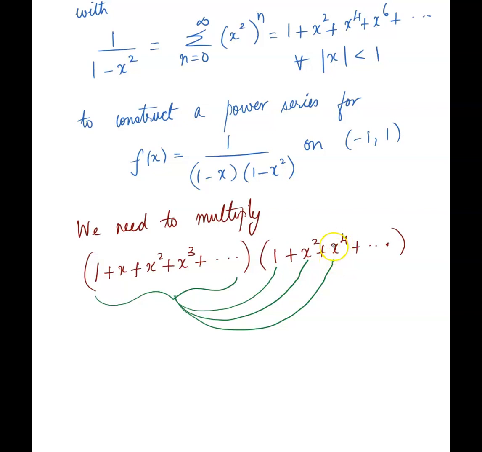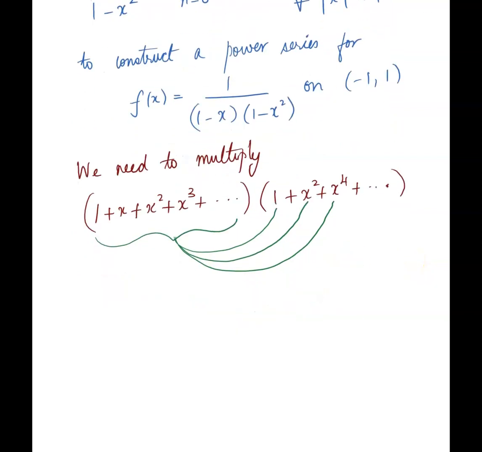Then the third arch would be this x power 4 that is being multiplied to this whole thing. So that's going to give us x power 4 plus x power 5 plus x power 6 plus x power 7, and so on. Okay? So that is our understanding. It's going to be tedious if I wrote them all out. Okay. Nevertheless, we'll give it a shot.